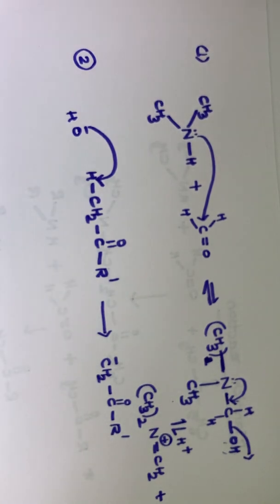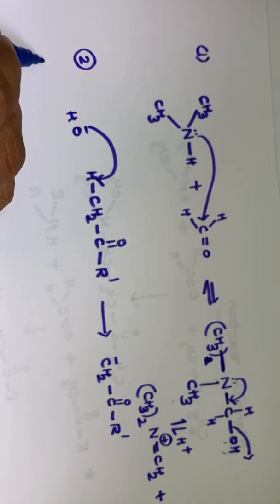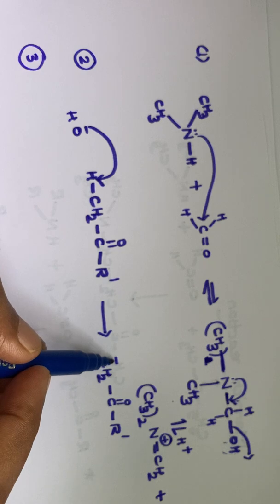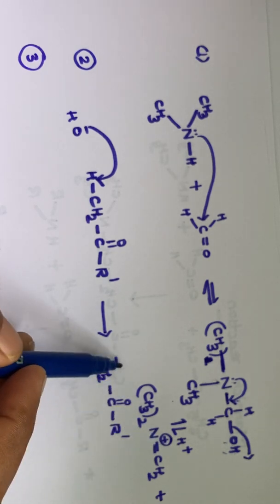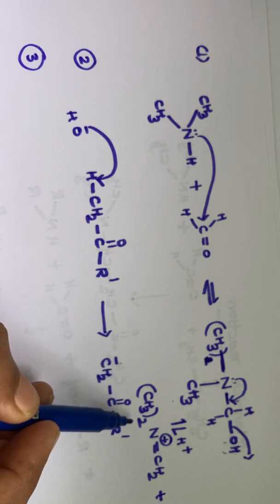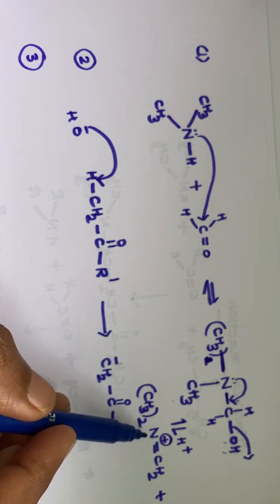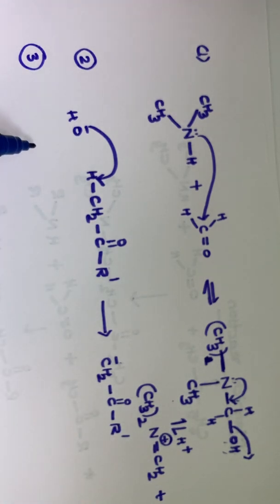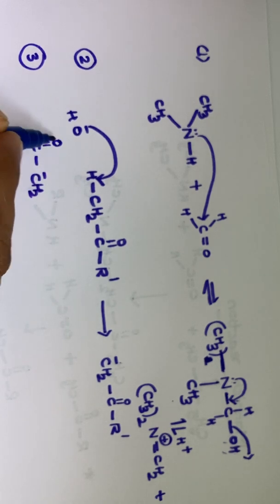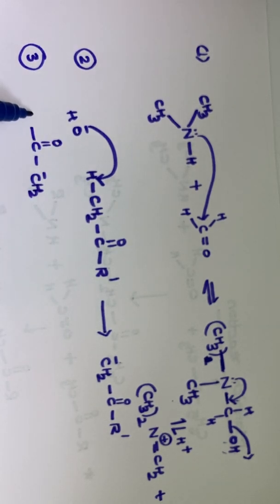Now this anion is formed. Now in the third step, here is an anion, and here there is a positive part, electrophilic. So this attacks this. You have CH2 minus, C double bond O, R dash.